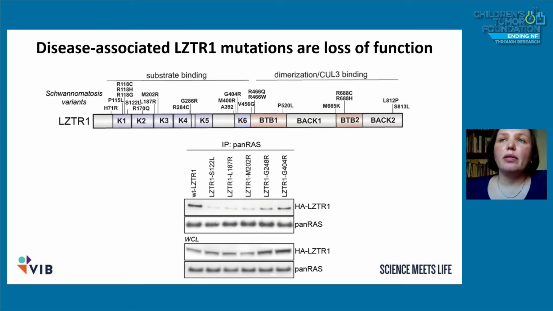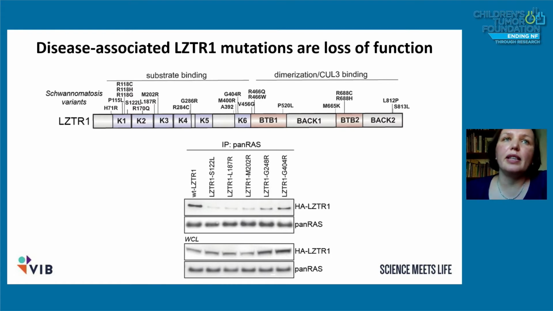But as I mentioned already, LZTR1 serves as part of a big ubiquitin ligase complex, so each part of the protein is essential to interact with the different components of this complex. So we started step by step to see how specific mutations in specific domains could affect these interactions.